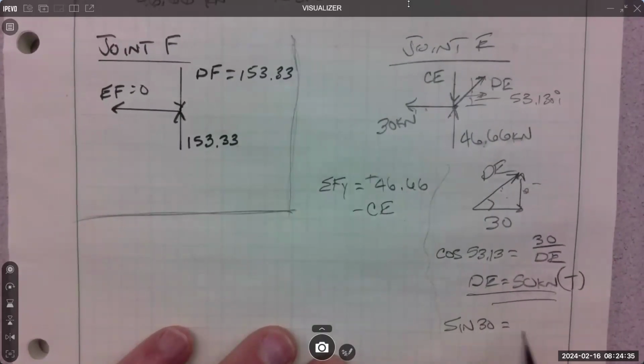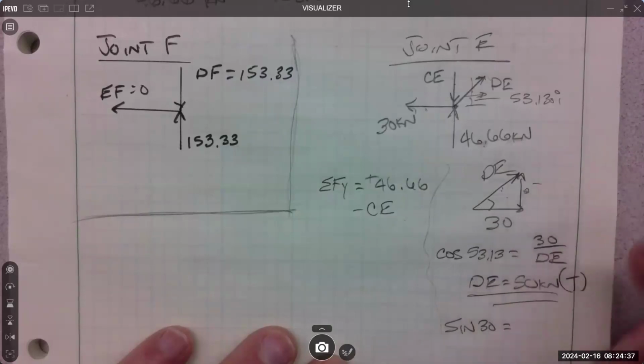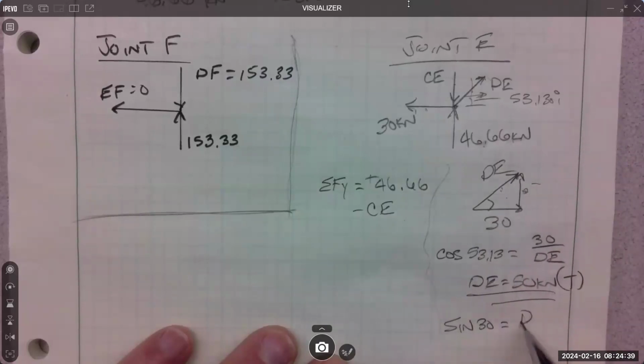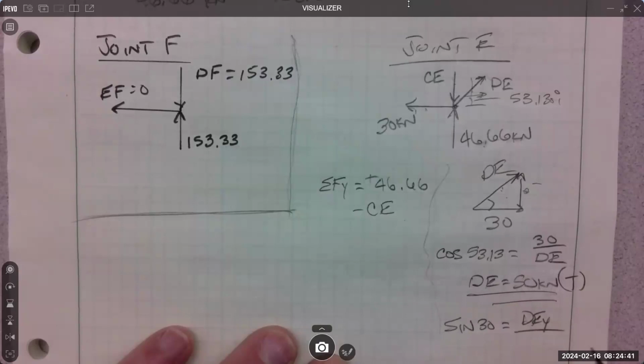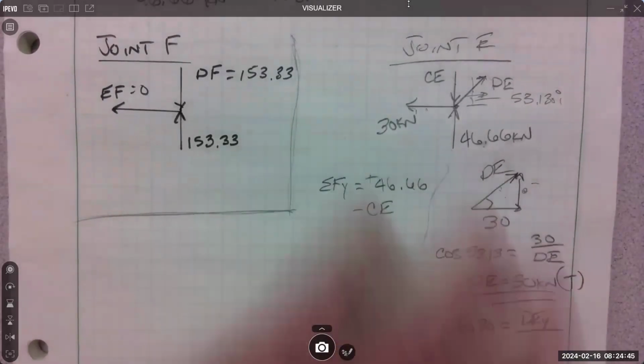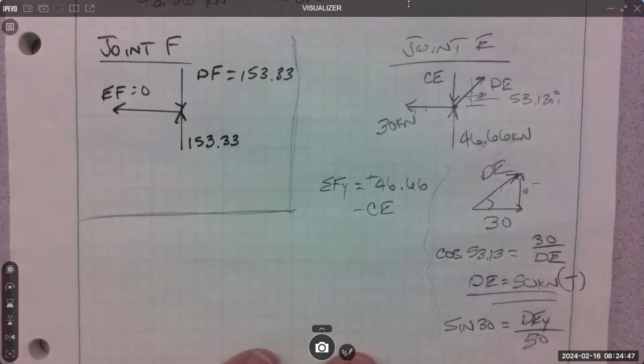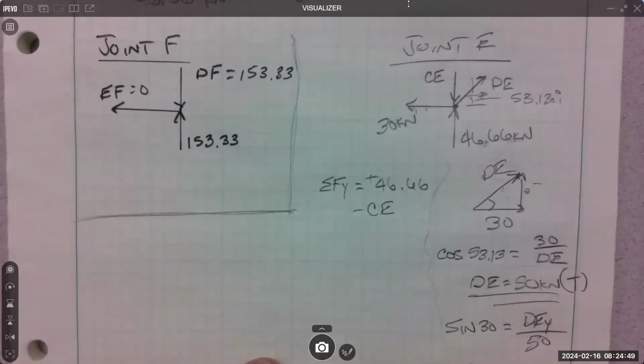Sine 30 equals, and I'm just working with this triangle, DEY over 50. So DEY, that Y component, it's going to be sine 30 times 50. Shouldn't you be using theta?